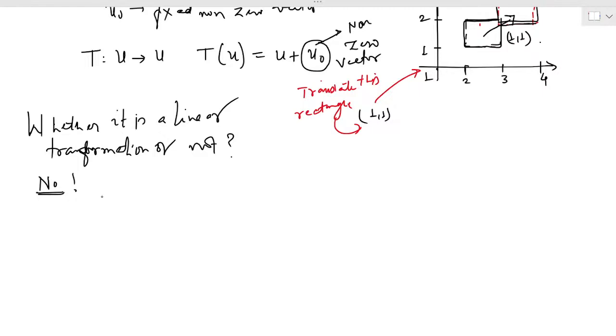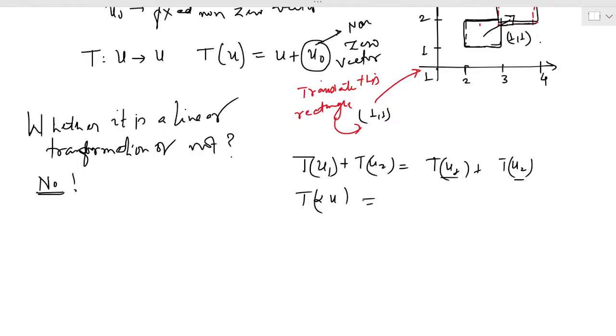Why is it not a linear transformation? If you remember, if T is a linear transformation, then T(u1 + u2) should be equal to T(u1) + T(u2). And T(alpha u) should be alpha T(u). Okay, these are the two conditions for T to be a linear transformation.